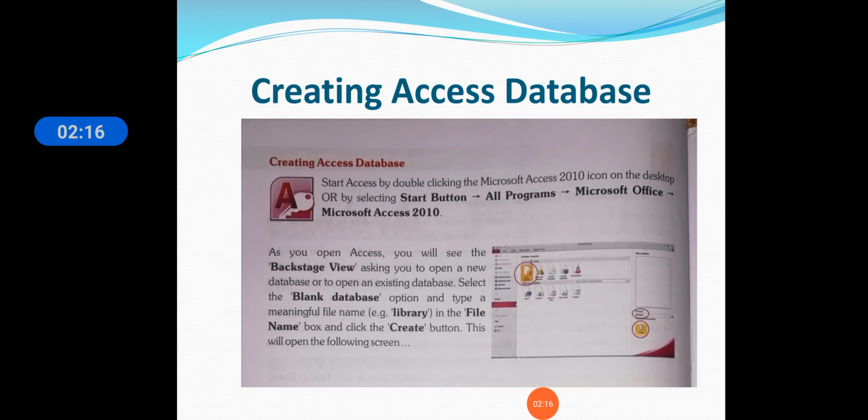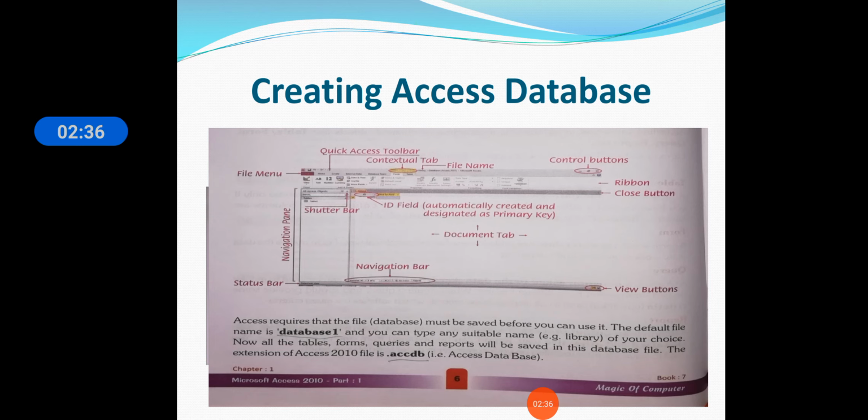We have also seen how to create an Access database: start button, all programs, Microsoft Office and Microsoft Access 2010. So we have seen the whole procedure of how to start Microsoft Access 2010 in the previous lecture. When you open Microsoft Access 2010, it looks like this, and the default name is Database1 and the extension is .accdb.